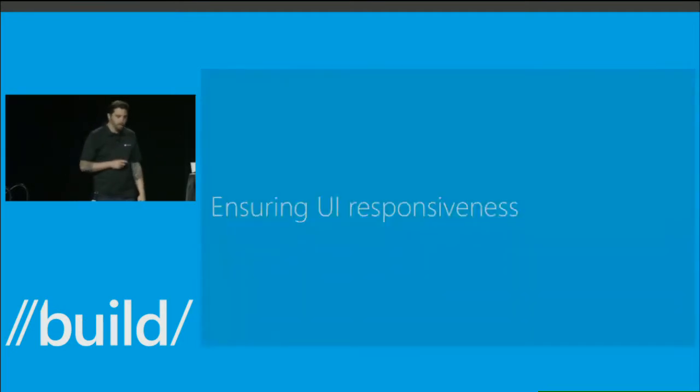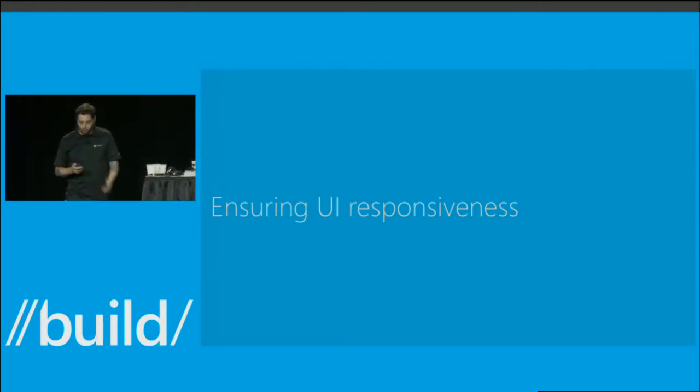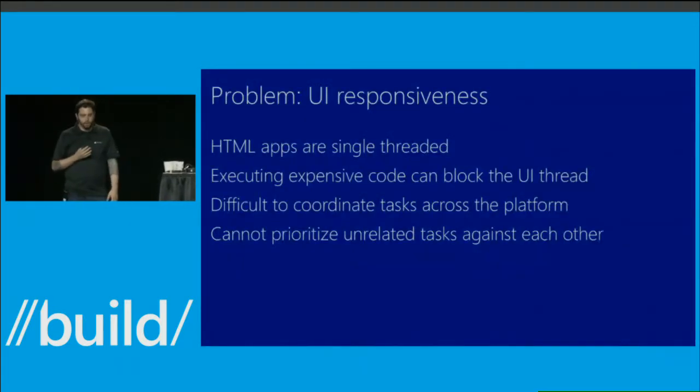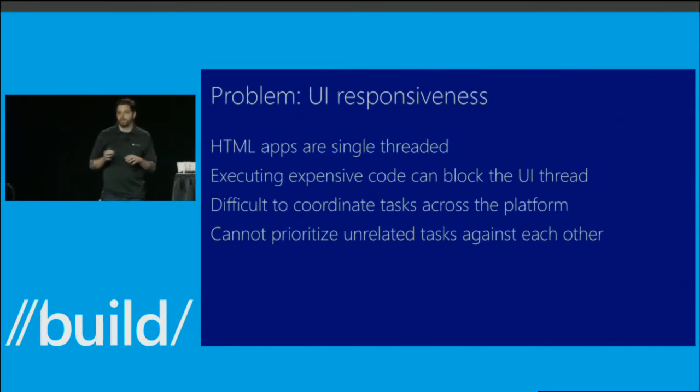So let's start off with UI responsiveness. And this is really about coordinating work. When you think about an application today in HTML and JavaScript, most of your application work is on the UI thread. Now, we do have some things that can get work off of the UI thread. We have workers, we have background tasks.